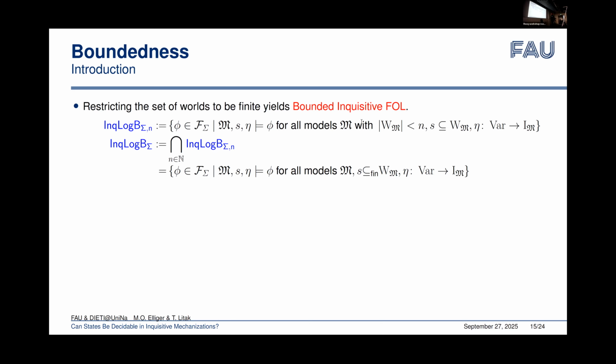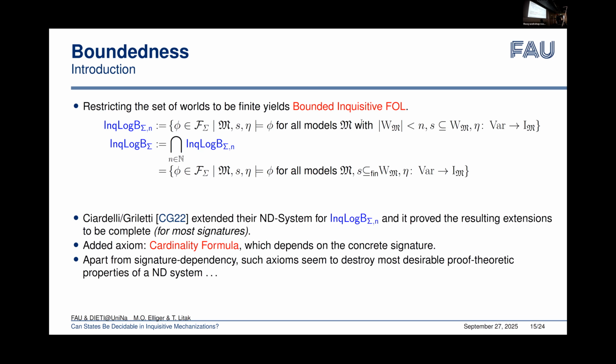And there are further restrictions where you insist not just on being bounded, but n-bounded, so that there are at most n such models. Those restrictions give you much better logics. Both for Ciardelli and Grilletti and for us it requires some work, but if you fix n-bounded for a specific n, we know that we can get a complete axiomatization one way or another.